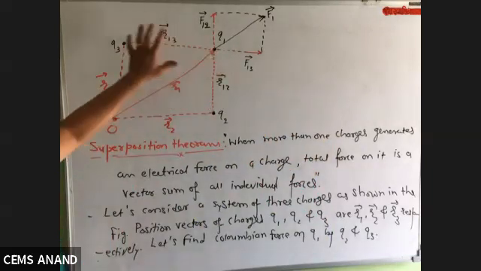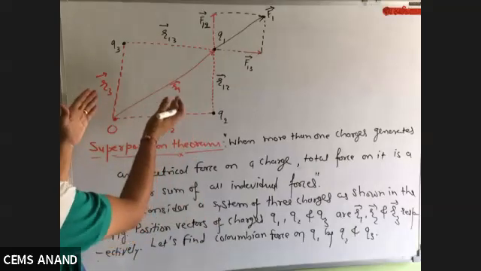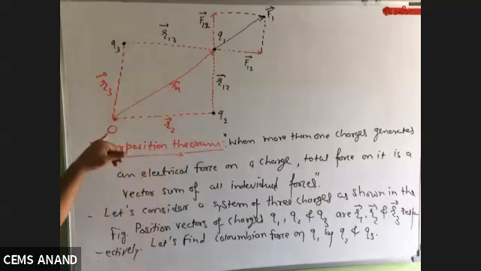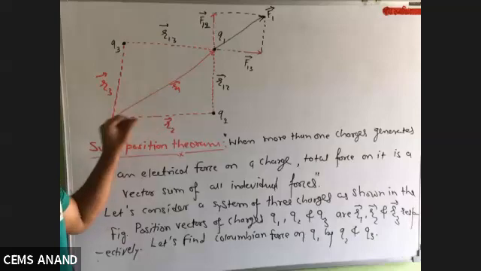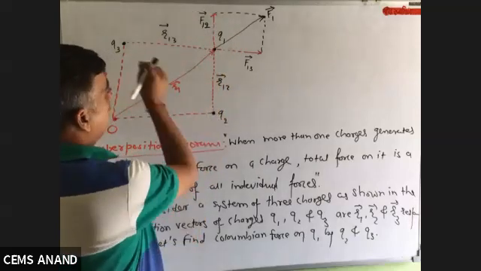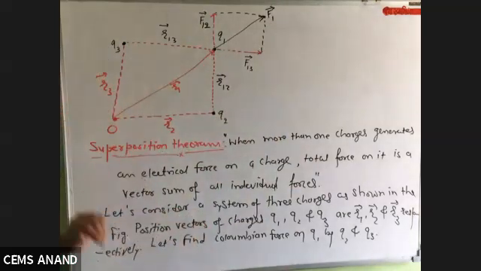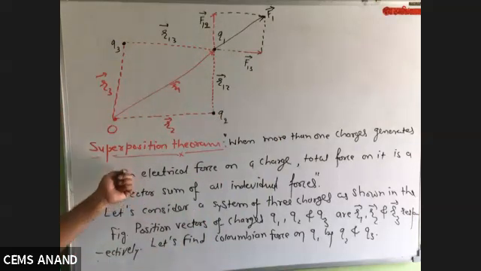Okay, so here we have a system of three charges, Q1, Q2, and Q3, having their position vectors R1, R2, and R3 from one respective origin point, and the electrical force generated on Q1 due to Q2 and Q3, that is to say the total resultant force F1, is our target. So for that purpose we need to use the superposition theorem. What does it tell?